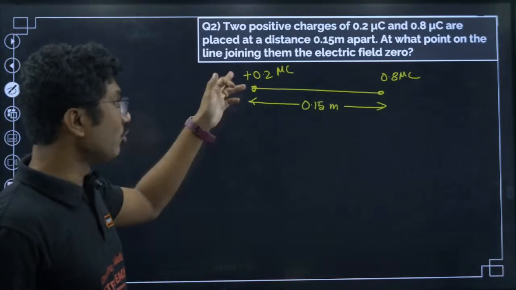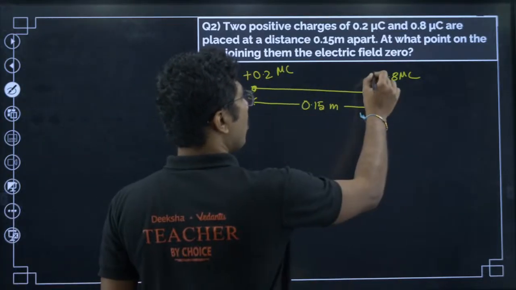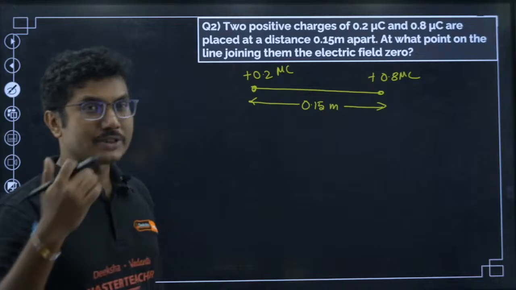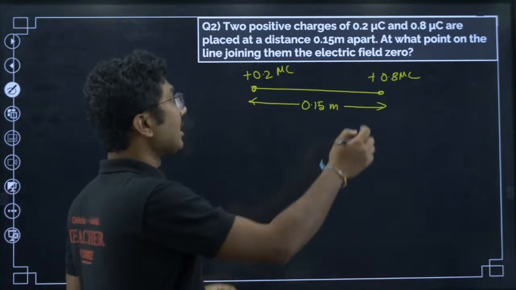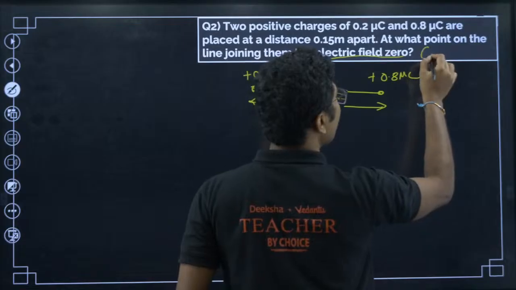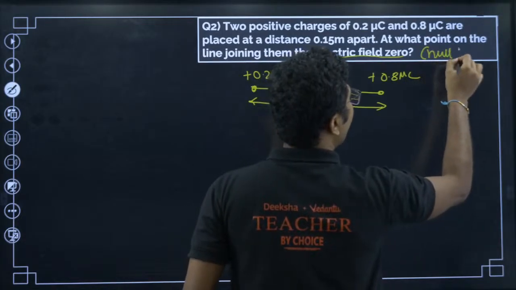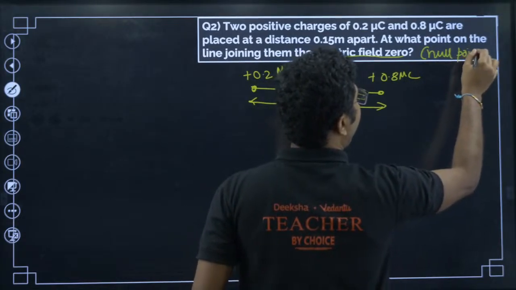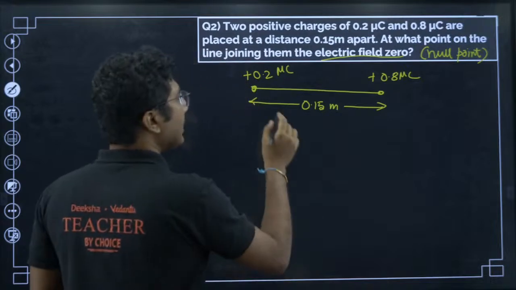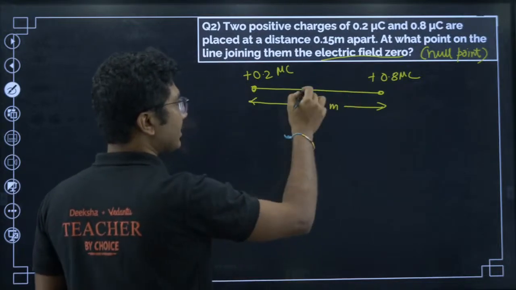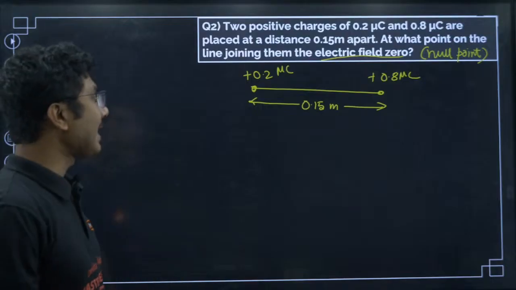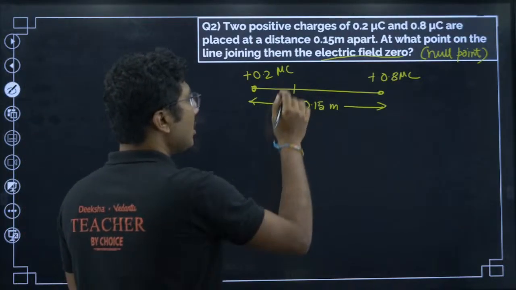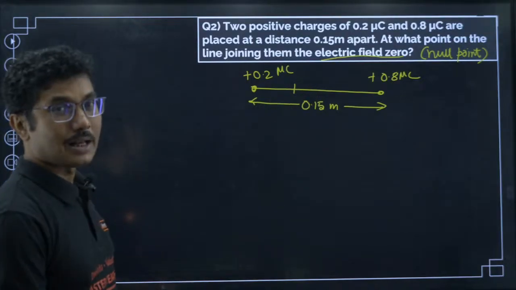Now, both charges are positive. If both charges are positive, the point where the electric field is 0 is called the null point. Null point will be somewhere between the charges, and it will be closer to the small charge rather than the large charge.